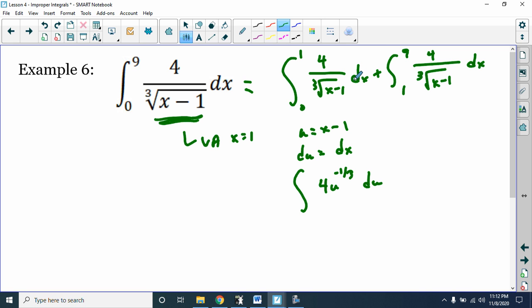Change your bounds. If I plug in 0, I get -1. If I plug in 1, I get 0. I need to integrate. Haven't done that yet. Add 1 to the exponent.